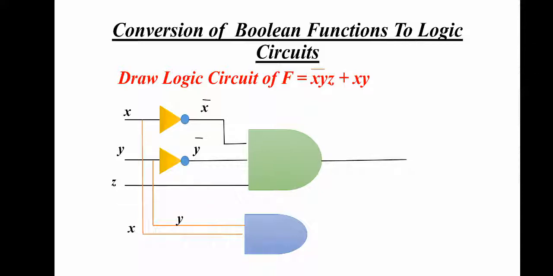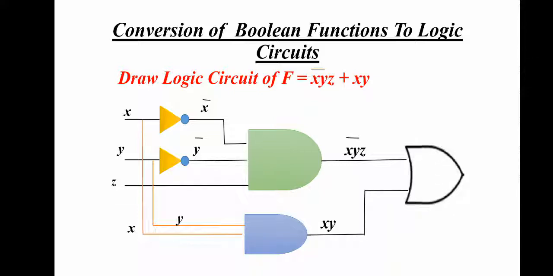Then we will connect these two: from the first expression we will get x' y' z, and from the second expression we will get xy. So now we will connect these two with an OR gate, because in between these expressions there is a symbol of addition, and addition means to take OR of inputs. So what will be the output? Output will be F = x' y' z + xy.